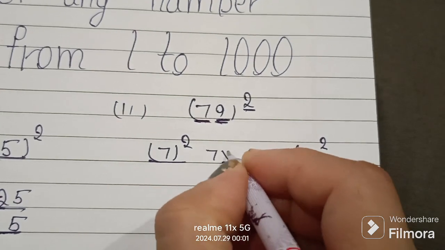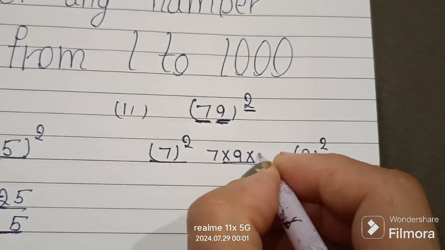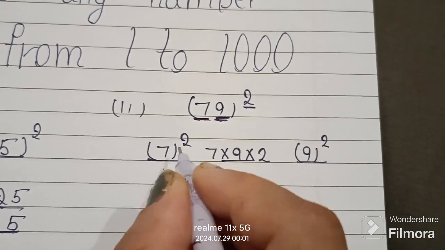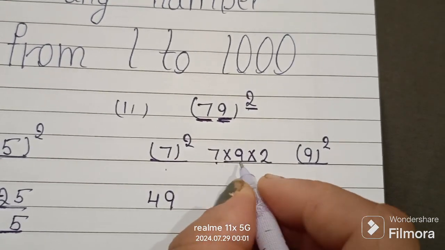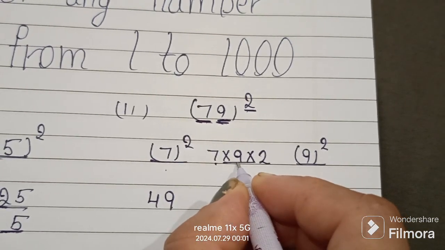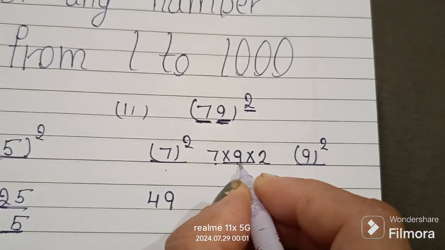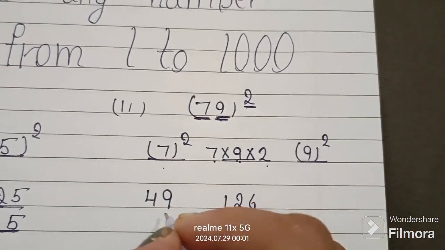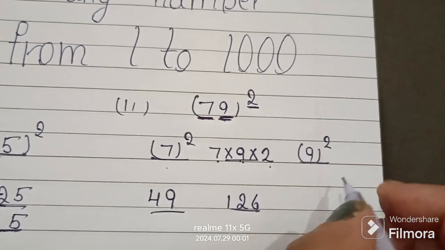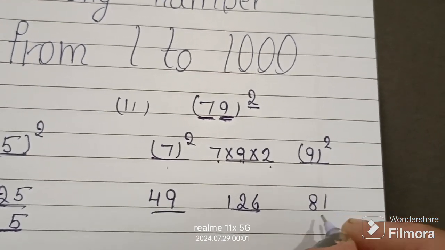So 7 times 9 times 2. 7 squared is 49. 7 times 9 is 63 and 63 times 2 is 126. 9 squared is 81.